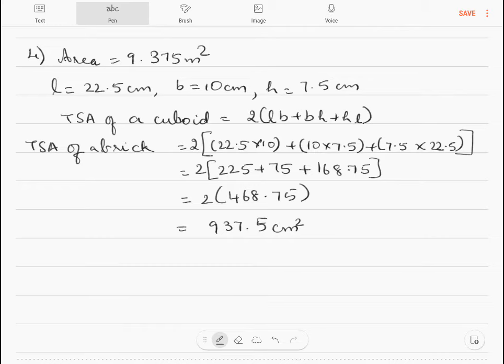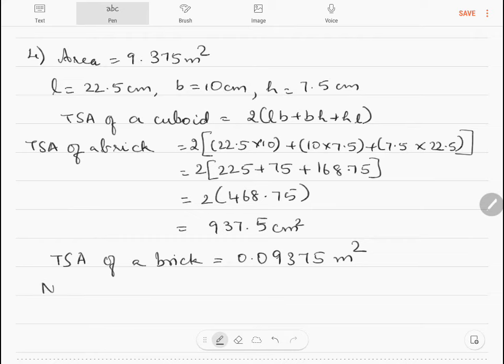Now since the area is given in meter square, we have to convert the centimeter square into meter square. So the TSA of a brick is equal to 0.09375 meter square.